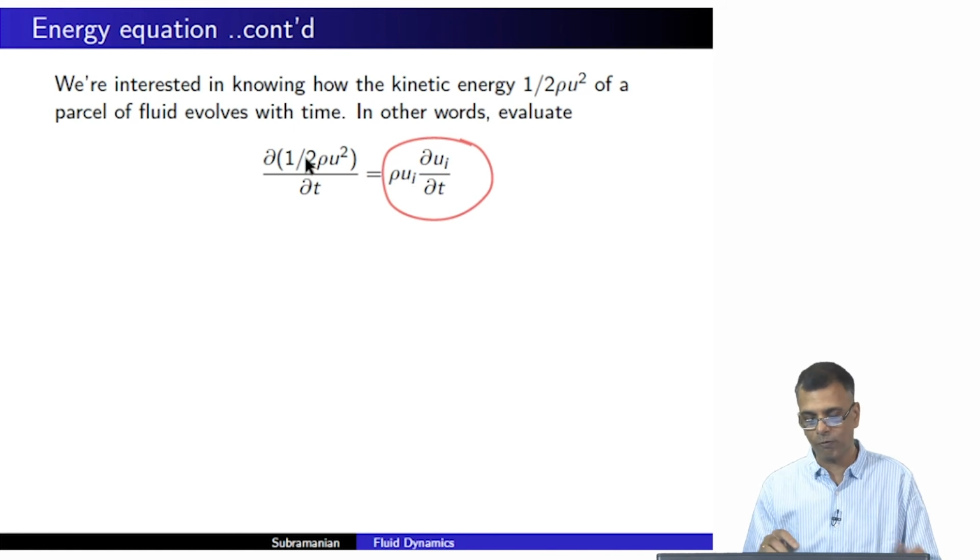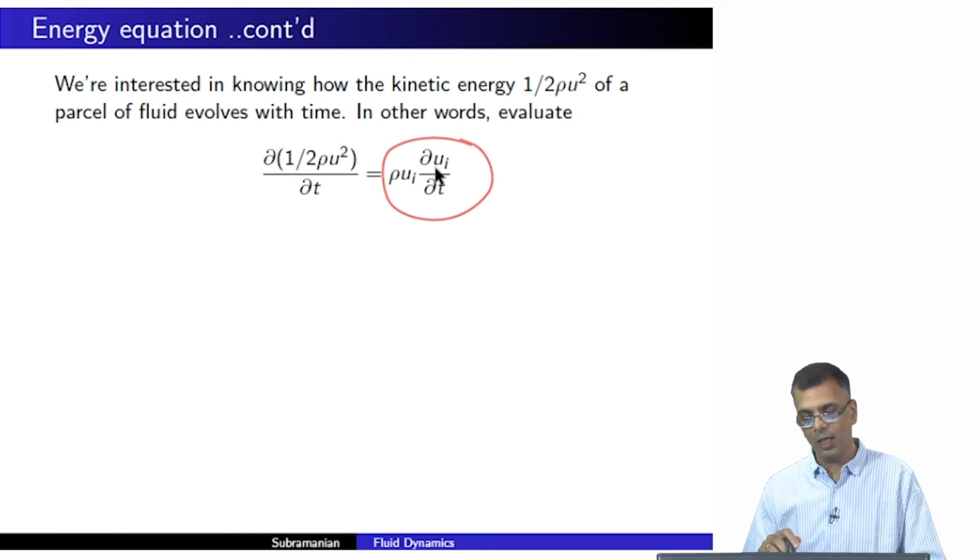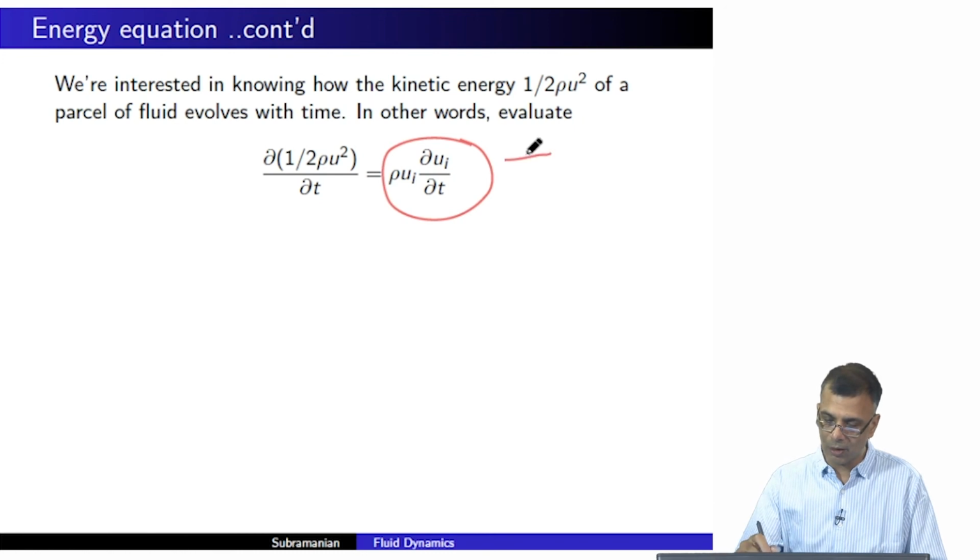Okay, and the 2 and the half cancel, and that's all this is. Okay, and since there is a repeated index, it implies a summation. So let me write this down: summation implied.